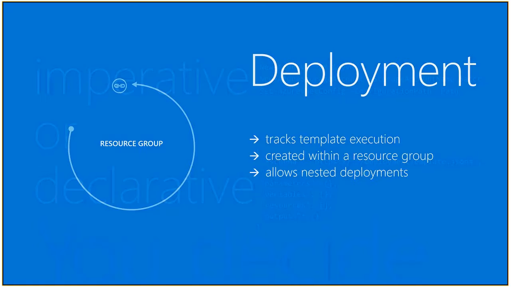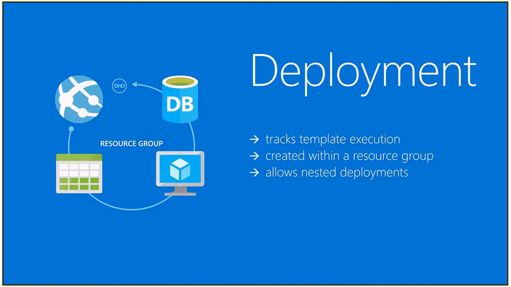Then the next thing I want to show you is how the deployment works. When you write such a template and you use PowerShell or other tools to submit the deployment to Azure Resource Manager, we first analyze what the things in the template are from the resource section, and then we create individual resource creation jobs.